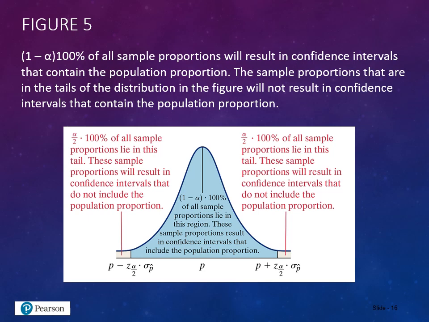So the (1 minus alpha) times 100% is the actual proportion that contains the parameter. The 5% on each end, it's that alpha over 2 times 100%, because we're splitting the 5%, 2.5% on each end. All right. I feel like we're saying this again and again in many ways, hopefully so that you will be able to interpret it and understand.